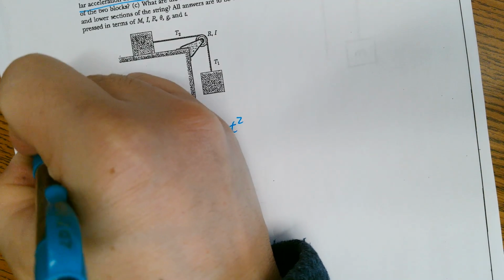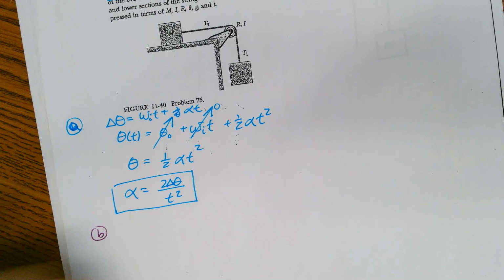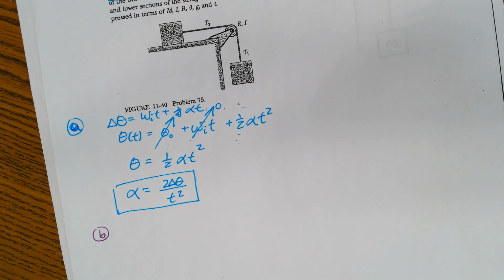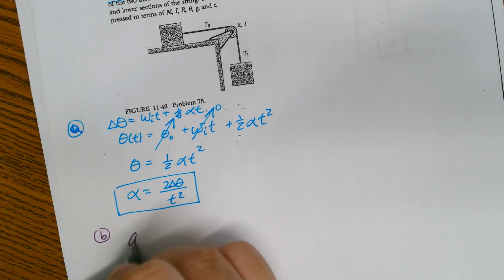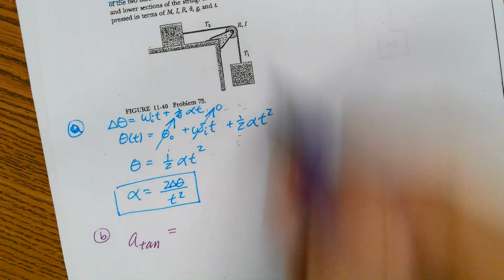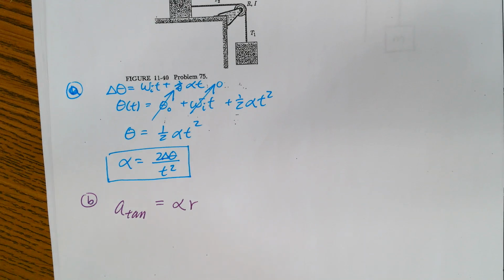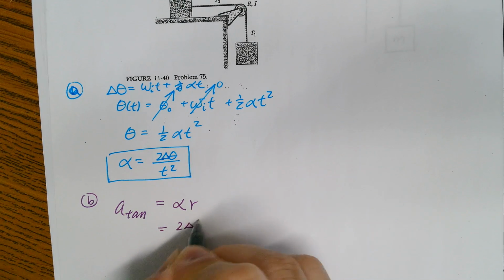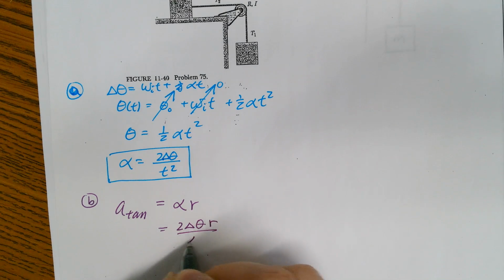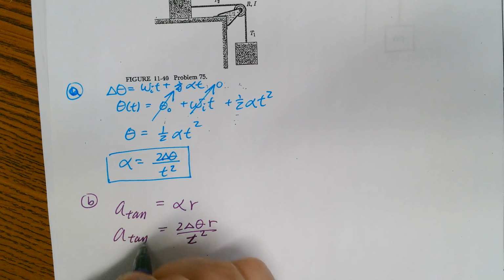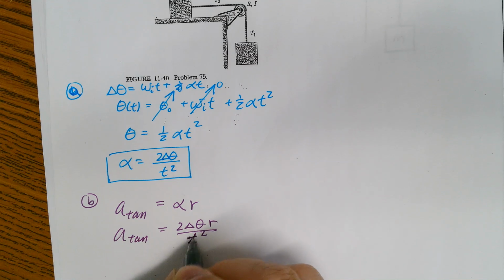Sorry, this is A, this is B. Alpha of that pulley can determine how fast the rope is accelerating, which means how fast the blocks are accelerating too. So A tangential for the pulley can be determined by alpha R. So 2 delta theta R over T squared is pretty much A tangential.